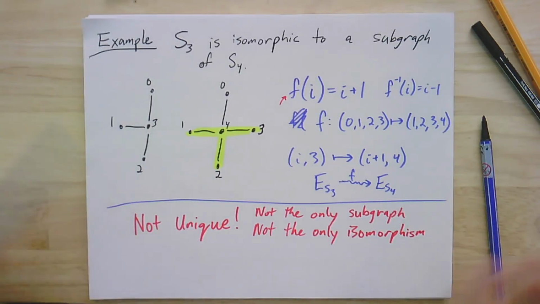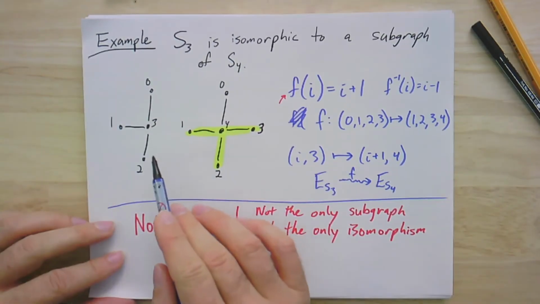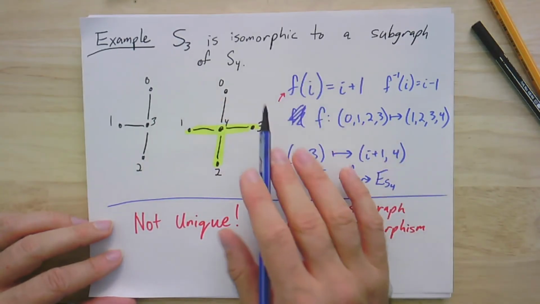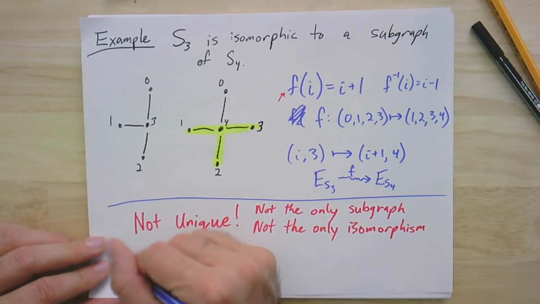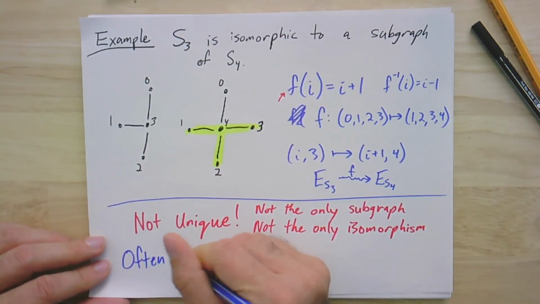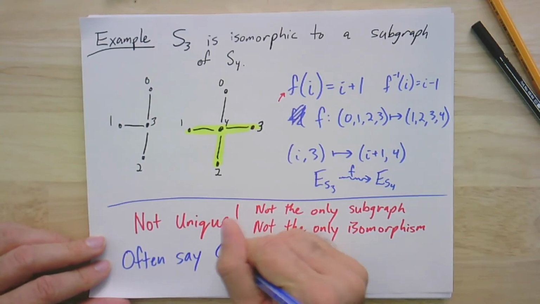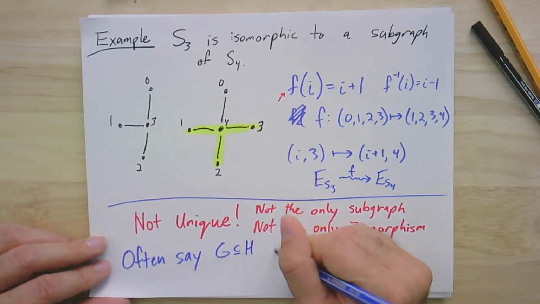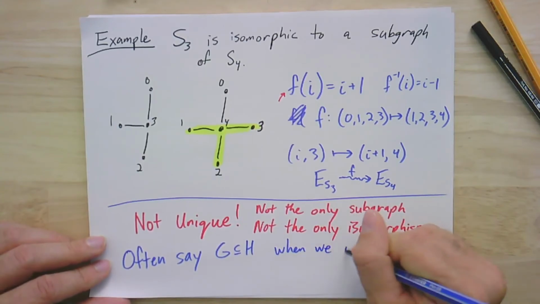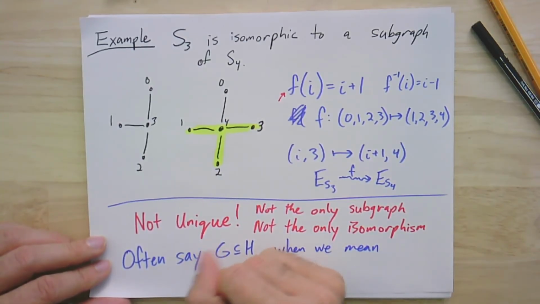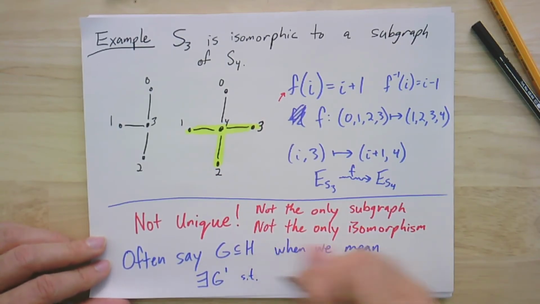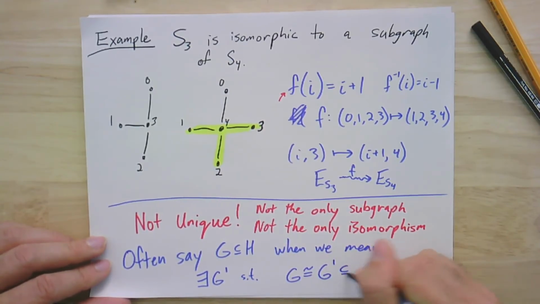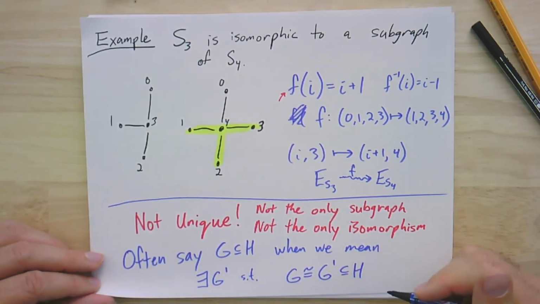When we have this, though, as long as it exists, we will say that S3 is isomorphic to a subgraph of S4, but that's a lot of words to say. Oftentimes you will hear this. I will try to be careful, but I'll probably say it too. We'll often say that G is a subgraph of H when we mean really that there exists some, let's call it G prime, such that G is isomorphic to G prime, which is a subgraph of H. So it's isomorphic to some subgraph.